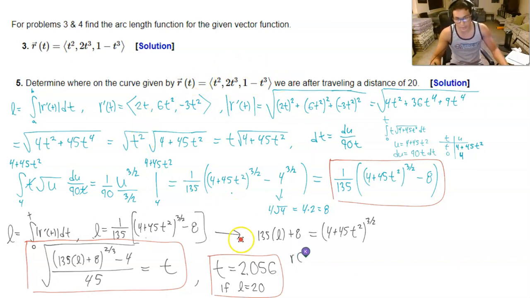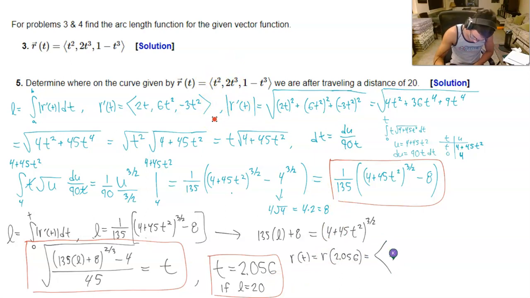So we found the time, right? Now we're going to do r of t, but the t is going to be 2.056. So we're going to put 2.056 into this vector.